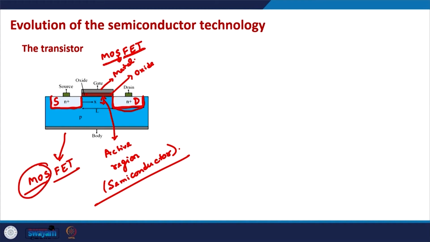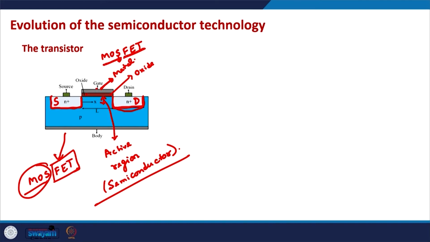So this entire structure is known as the metal oxide semiconductor field effect transistor. By the name FET we mean that by applying a voltage on the metallic terminal, the so-called gate terminal, we can control current and voltage between the source and the drain. So the three terminals of the device are the source, the drain and the gate.